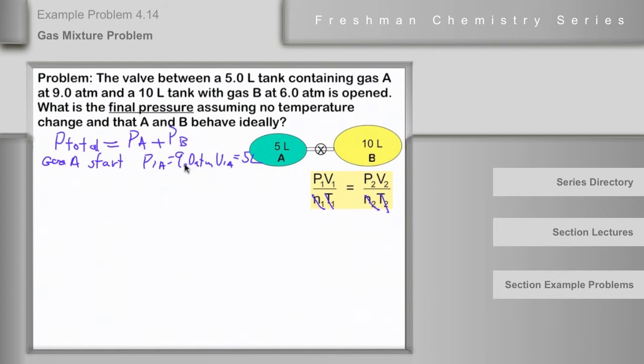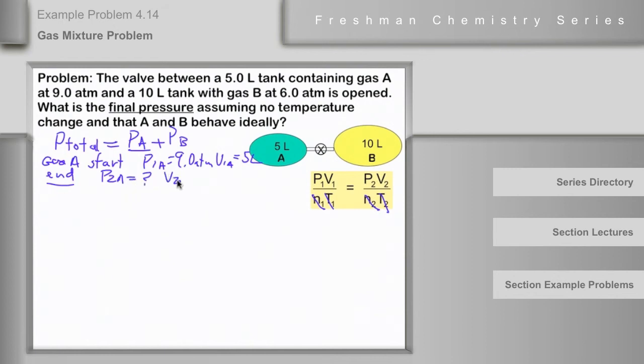Okay? And P2 of A is this PA right here. That is to say, it is the A contribution to the total pressure. So at the end, after we open the valve, P2 of A represents now the unknown for this part of the problem.